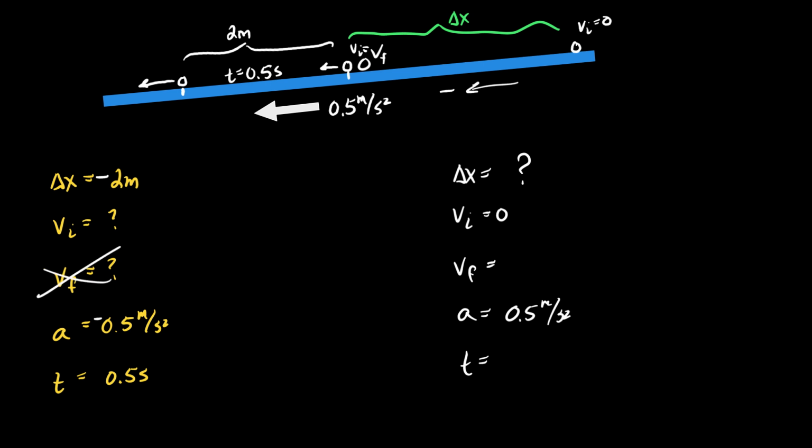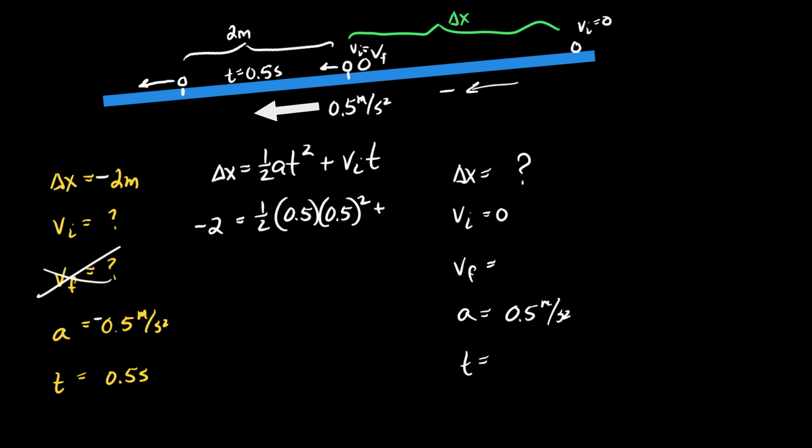I only want initial velocity, so I'm going to choose a relationship that has all of those things in it. I think I will take delta x equals 1/2 at squared plus vi times t. And that will be negative 2 equals 1/2 times negative 0.5 times 0.5 squared plus vi times 0.5.